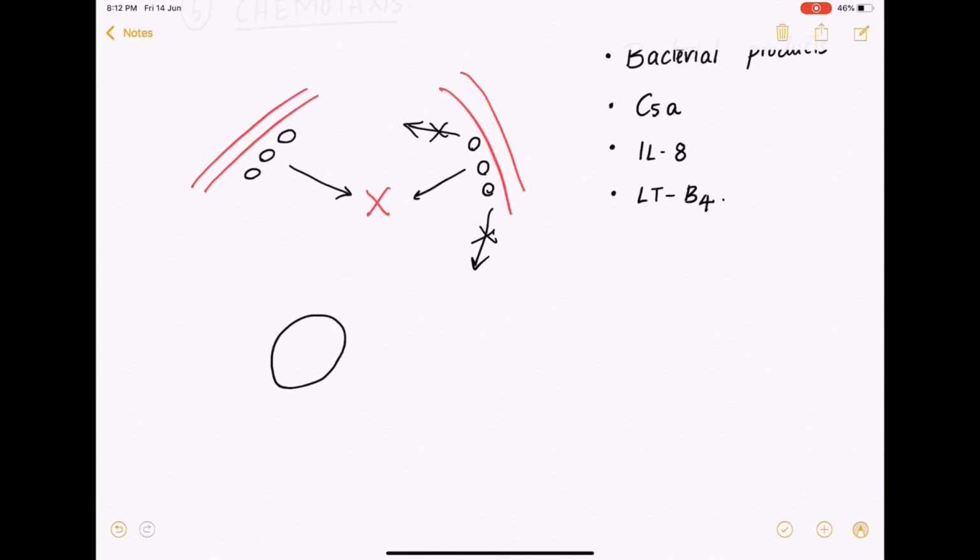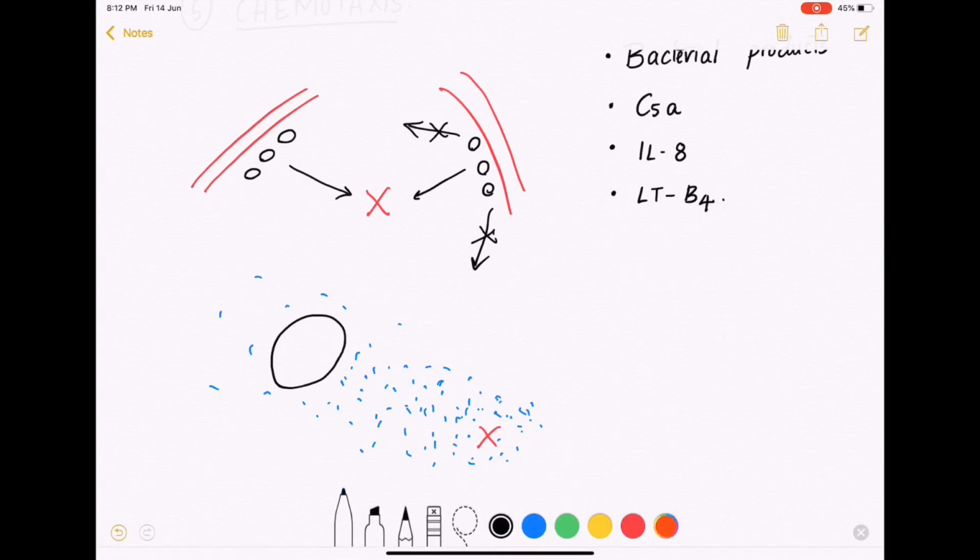Here is our WBC. Here is a site of inflammation. Blue is going to represent our cytokines. The cytokines are at higher concentration closer to the inflammation, and this concentration is going to decrease as you go away. So that means that on this side of the WBC, there is higher concentration of cytokines than on this side.